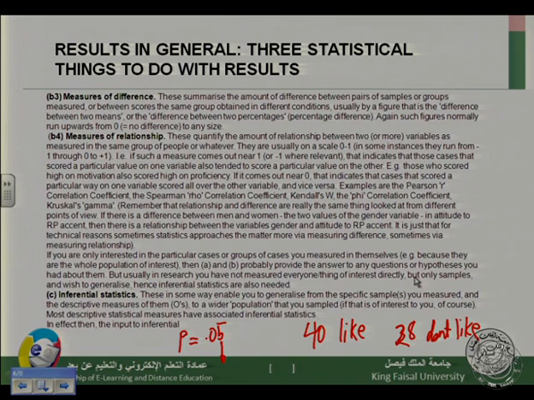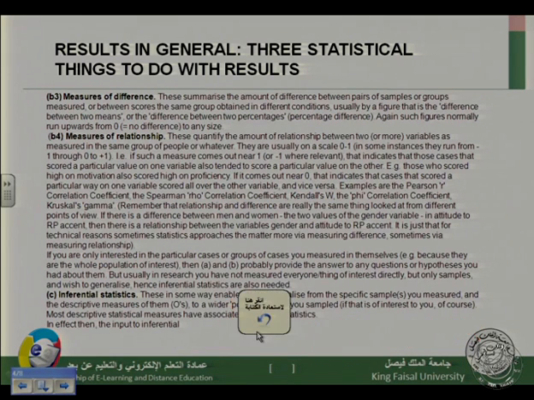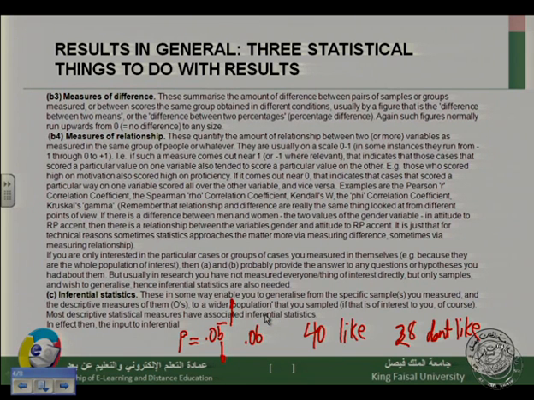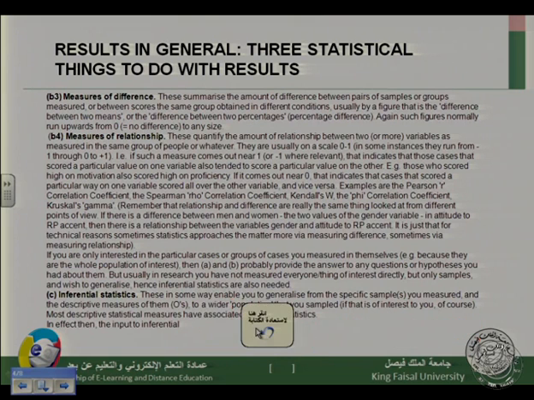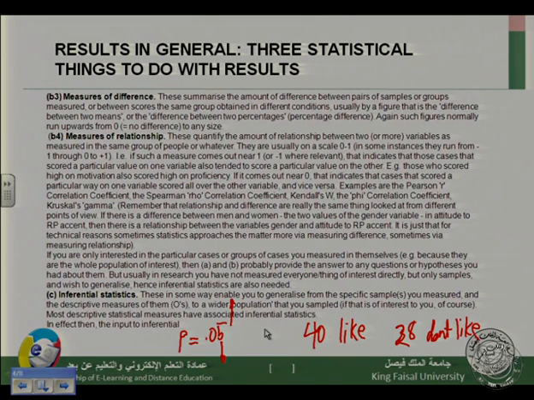But if you get this number and above, well, no, it is not a difference. If you get something like 0.06, it is not a difference. And you have to make sure of the difference between 0.05 and 0.50.